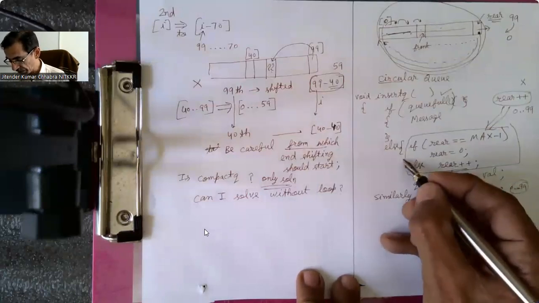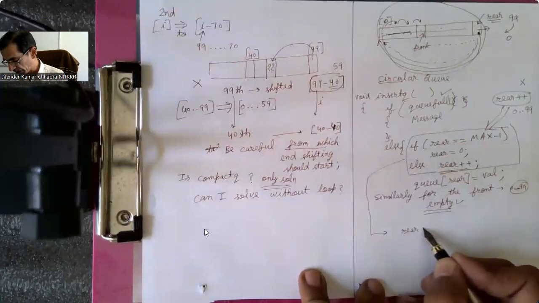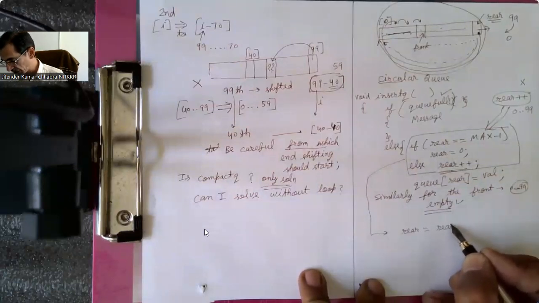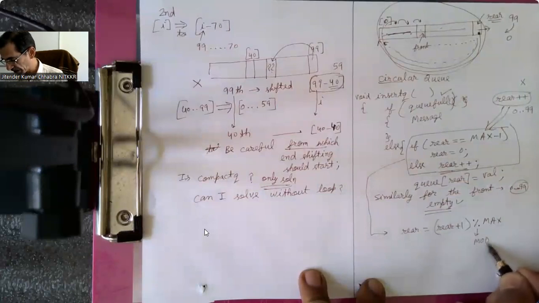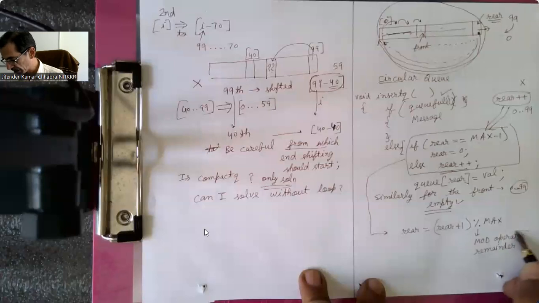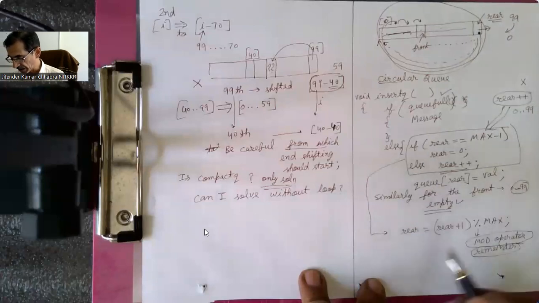This whole statement can be simply written by writing rear equal to rear plus 1 percentage max, where percentage means it's a mod operator. Remainder. So this situation can be solved by using remainder operation and no if to be written.